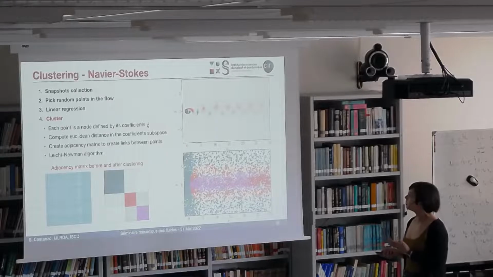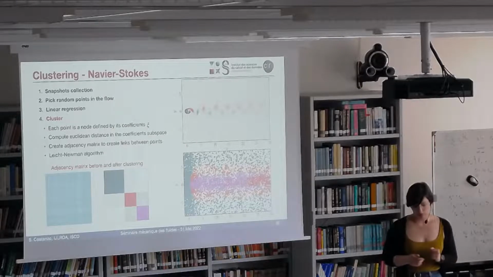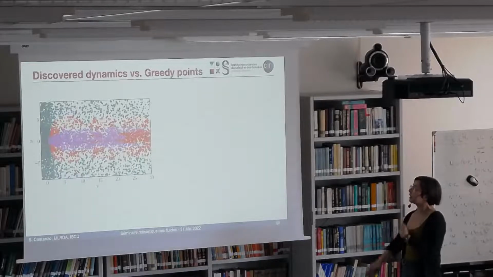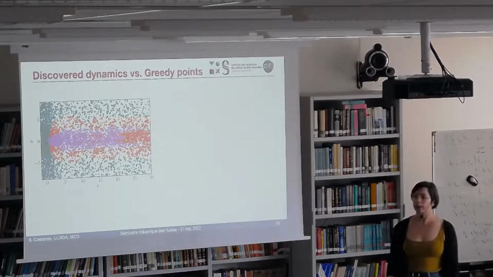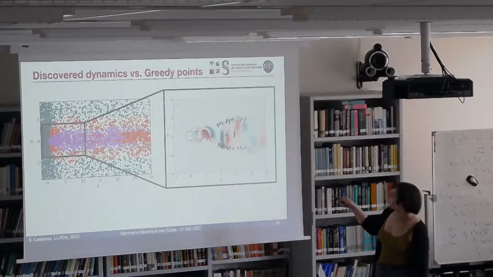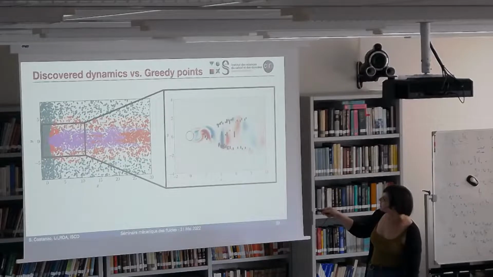How can this be used for reduced order models? If I take my cluster distribution and I compare it with the greedy algorithm I used before, I see that the points that the greedy algorithm selected are the points that are in a nonlinear cluster, so behind the wake.